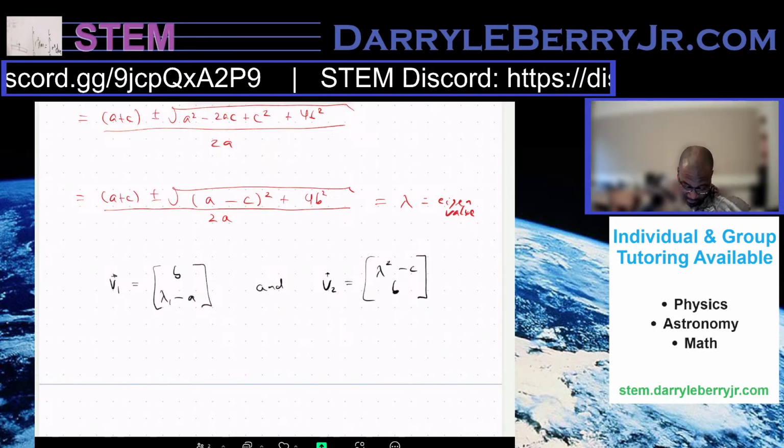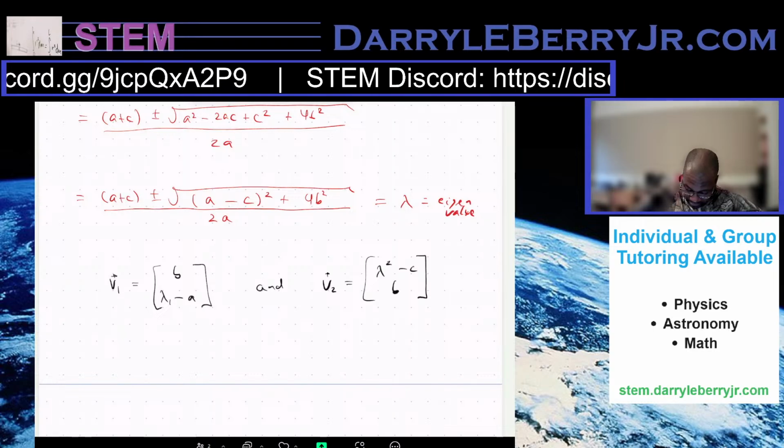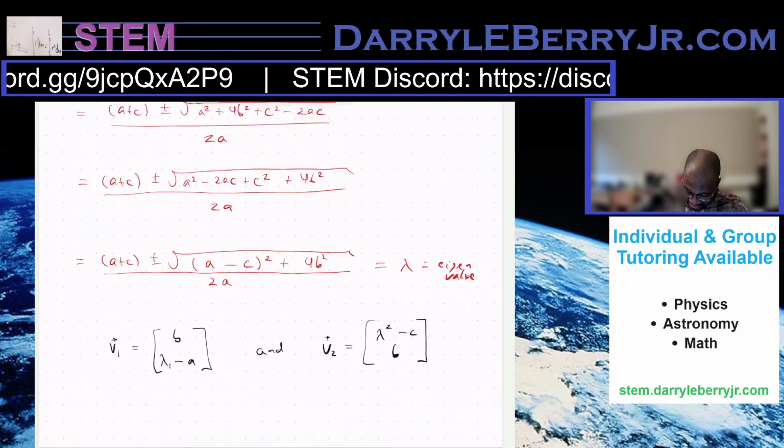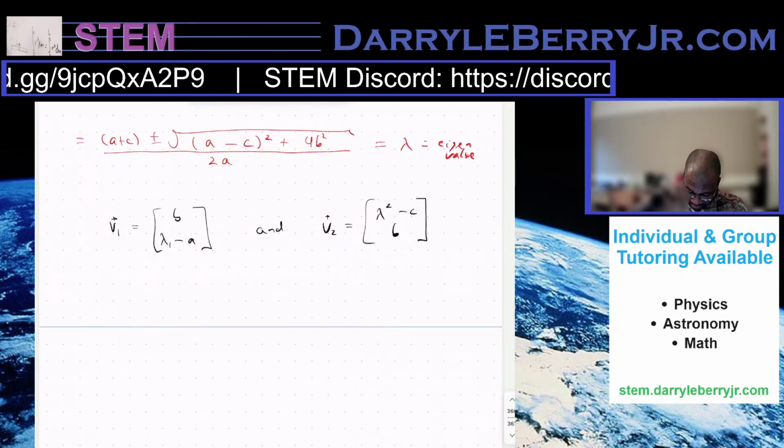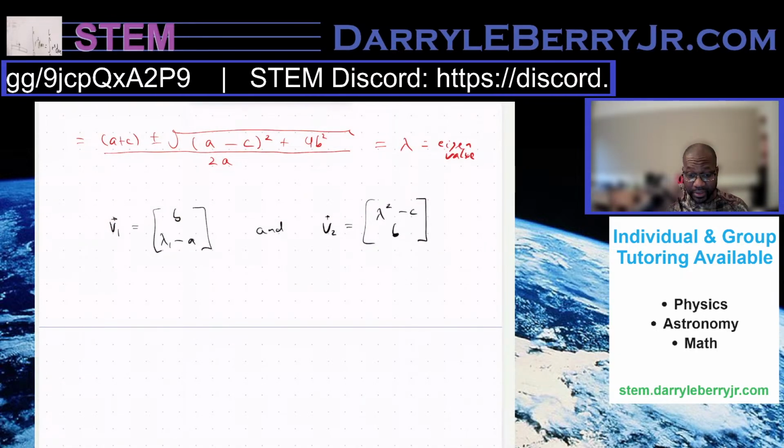So apparently this is just simplifying this so that those are the two eigenvalues and plugging it back into the matrix and solving for v, we get these two.